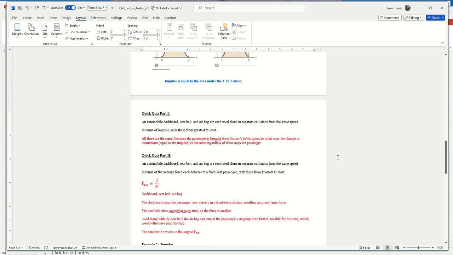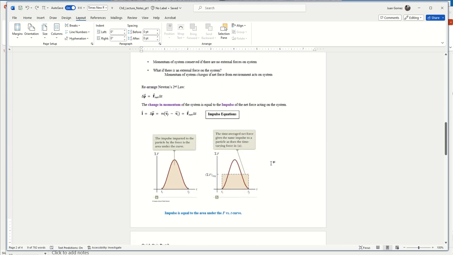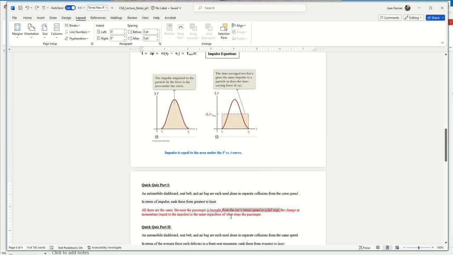The impulse is the same because they're going from the same initial speed to a full stop, obviously. Collisions meaning the car collides and stops. So in each case, the initial speed and final speed are the same, and so the change in momentum is the same. It doesn't matter what stops the passenger, whether it's dashboard, seatbelt, or airbag.